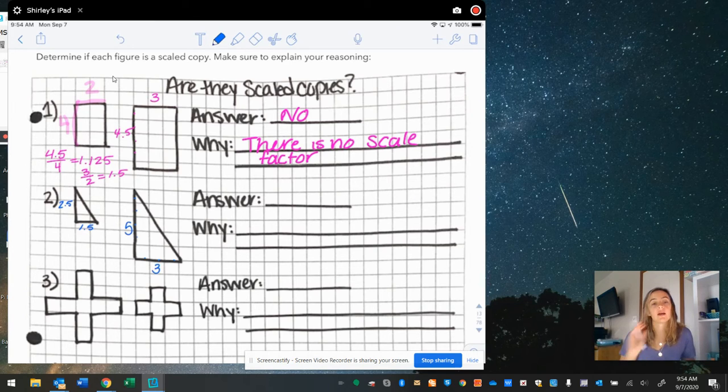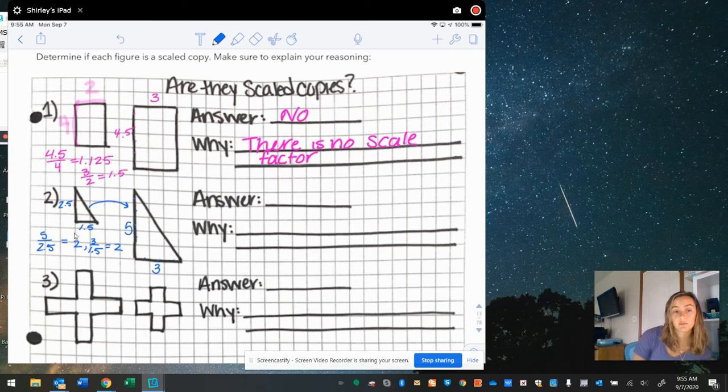So again, I'm going to look for that scale factor. If I want to find the scale factor taking my smaller shape to my larger shape, since I'm getting larger, that means take the larger number divided by the smaller number, always looking at your corresponding sides. So 5 corresponds to 2.5, so we're going to do 5 divided by 2.5. That's going to give us 2. And then take your second pair of corresponding sides, 3 divided by 1.5, which also gives you 2.